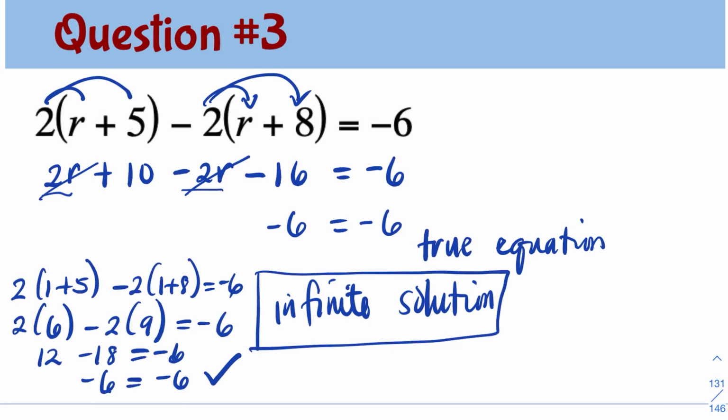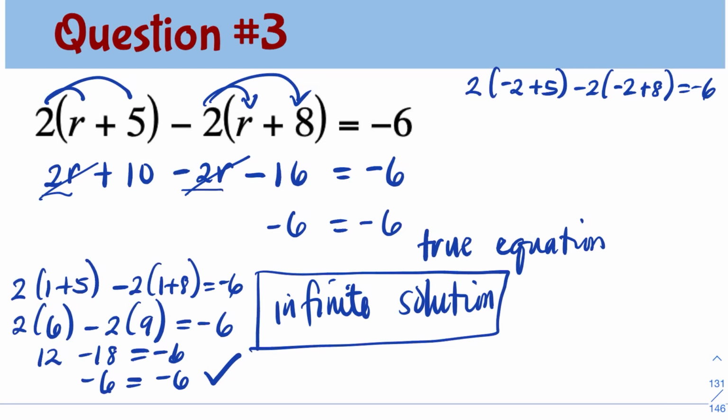Let us try a negative number, and it should be true when you plug it in. Let's try r is negative 2. If I plug in r is negative 2, then I will have 2 times negative 2 plus 5 minus 2 times negative 2 plus 8 is equal to negative 6.